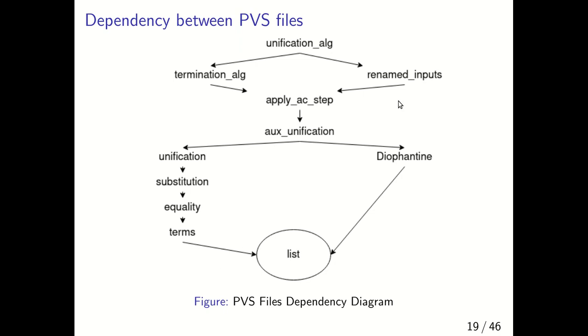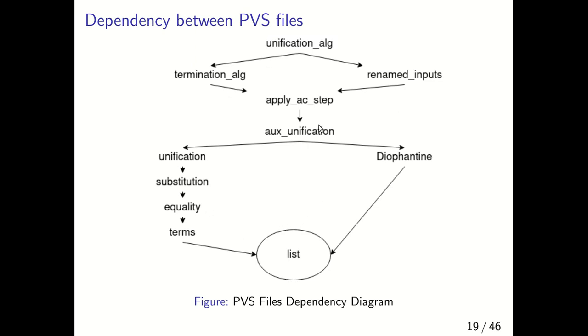Here I have a diagram of the PVS files that I have used. I won't go into a lot of details, but I want to point out that this list here is actually more than one file, but it's not strictly connected to AC unification, so it can be used for other formalizations if people want.